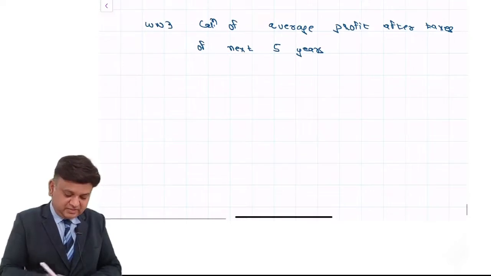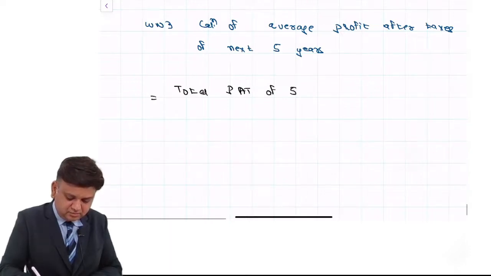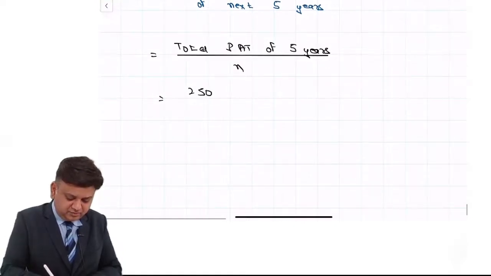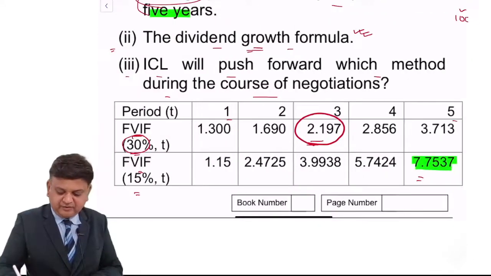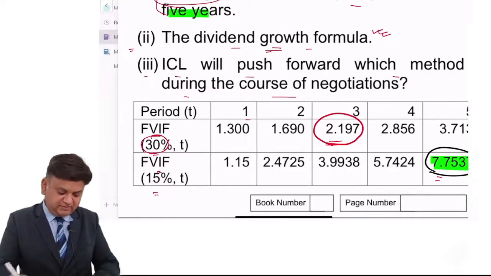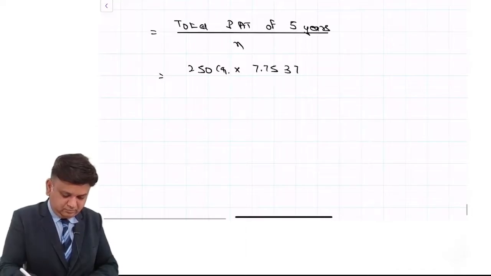In that we have to work out the answer like this: total profit after taxes of 5 years divided by n. So in that it is 250 crore into 1 to 5 factors, that is 1 to 5. In that the factor is 7.7537, divided by 5 years.